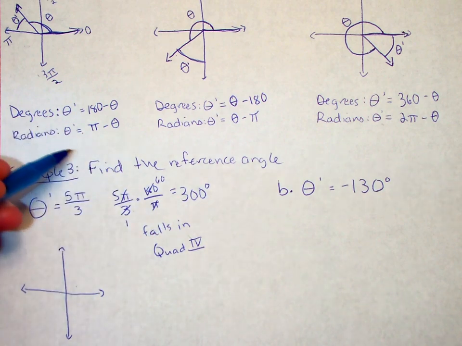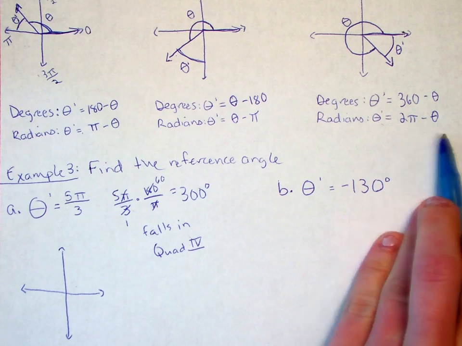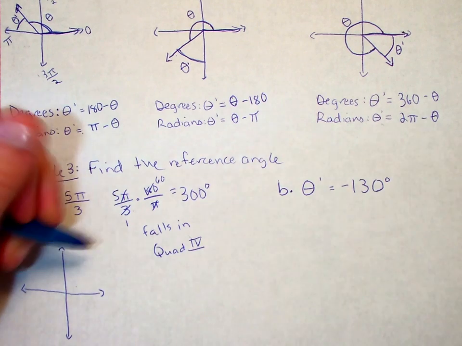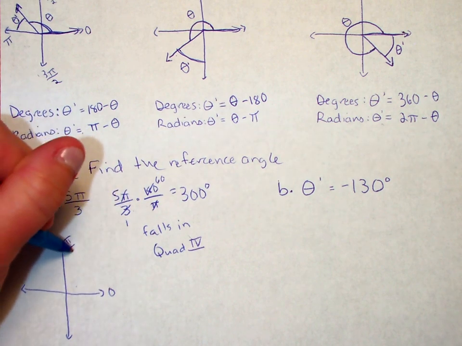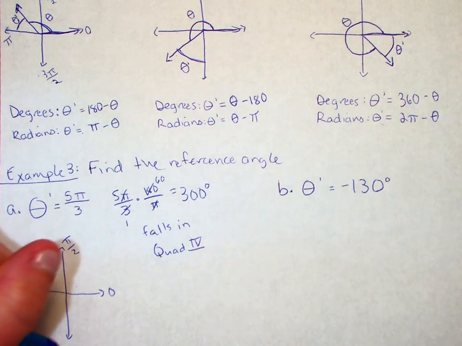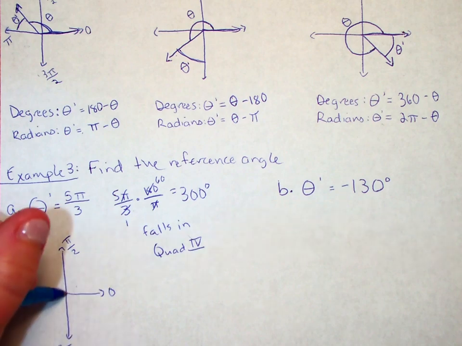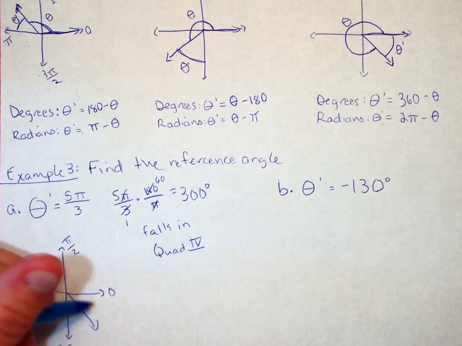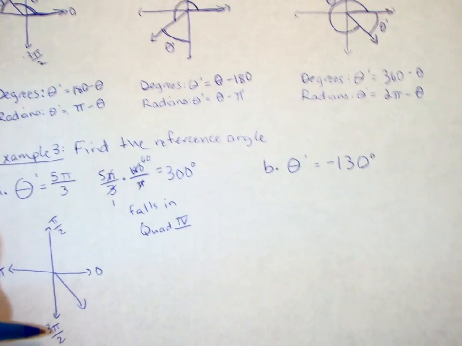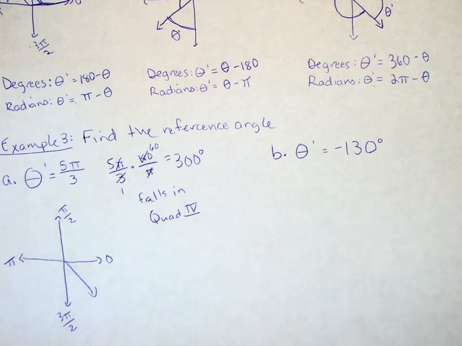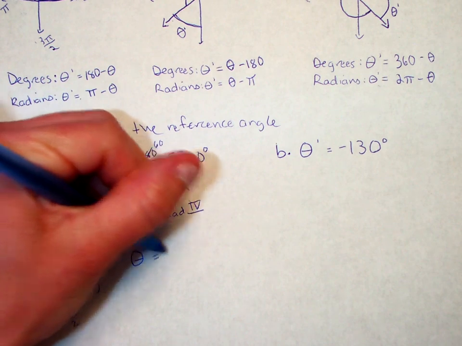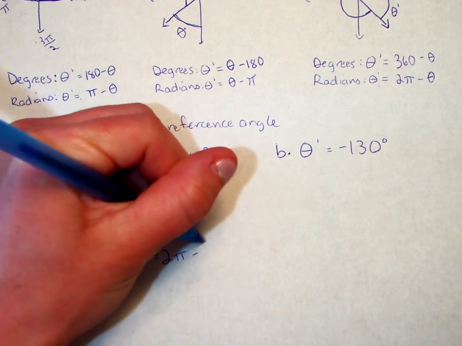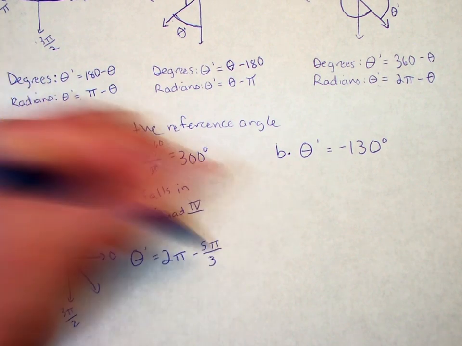So quadrant 4 would be 2 pi minus theta. We have 0, pi over 2, pi, 3 pi over 2. So it's going to fall somewhere in here, past 3 pi over 2. So we'll take 2 pi minus 5 pi over 3.